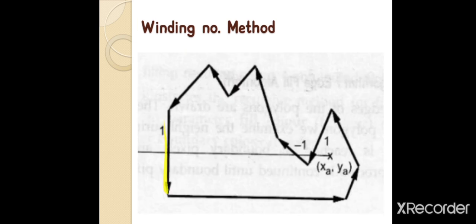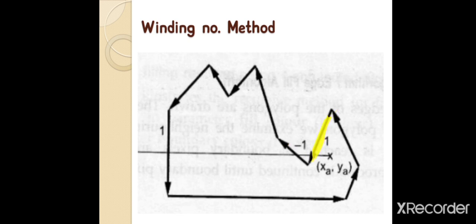Here is the polygon, the same example that we have considered, only here we have given arrows, that means direction, to each of the polygon edges. So along with this direction, the down arrow is a plus. If there is an up arrow, we can consider it as a minus. Here is the minus given because it is an up arrow.